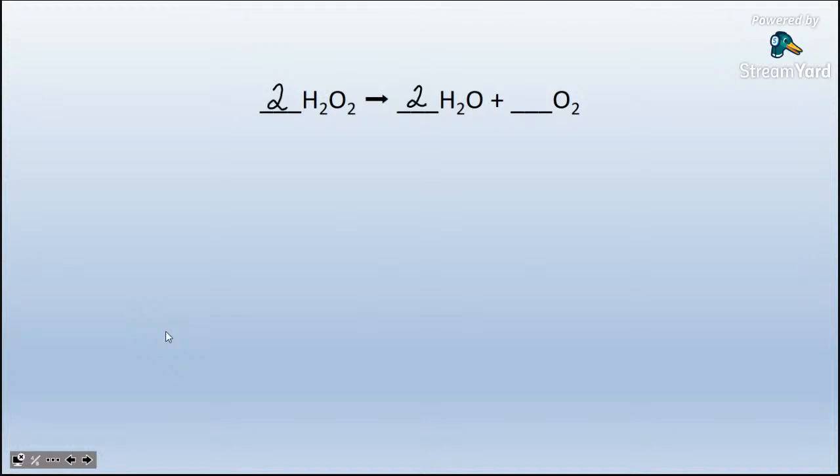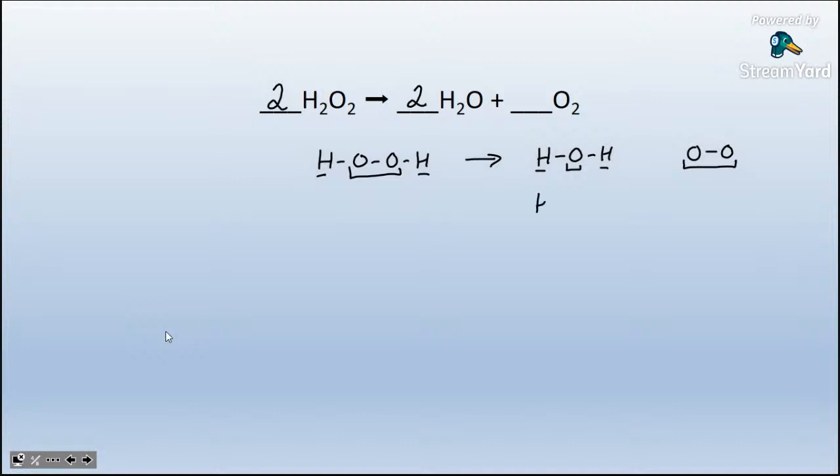Now, some textbooks, what they will tell you to do to kind of visually see this is to draw out just a basic Lewis dot structure. So I would have my hydrogen peroxide, and I would have my water and my oxygen, and I can very easily see in my 2 hydrogens that I started with, my 2 hydrogens that I ended with, my 2 oxygens that I begin with, but my 3 oxygens that I end with.